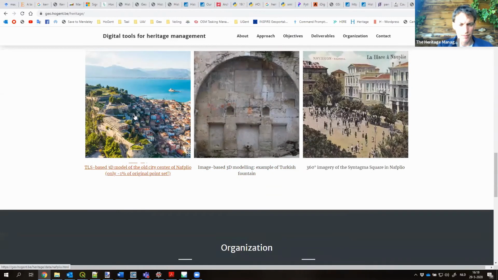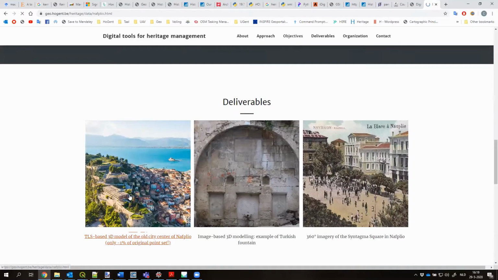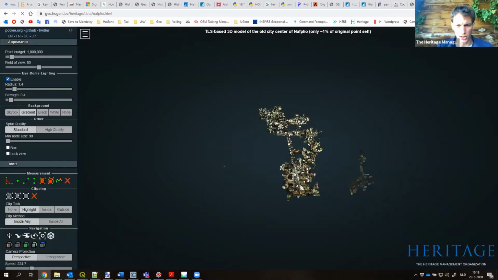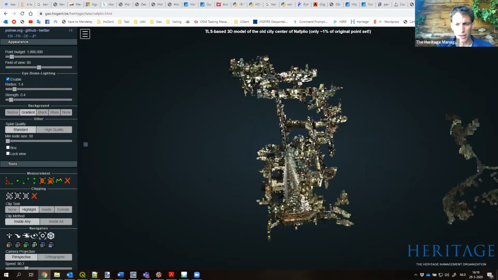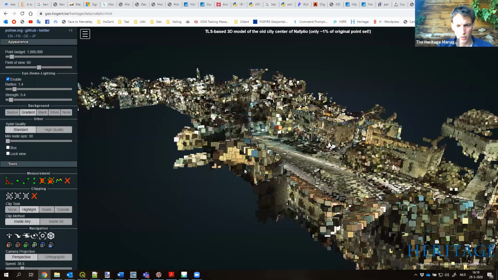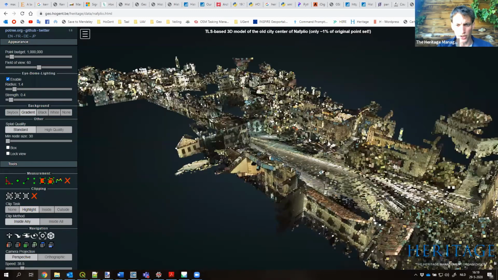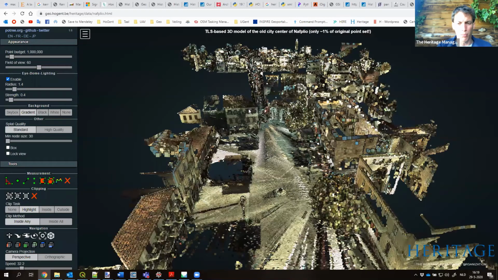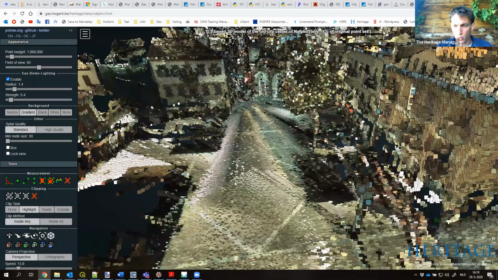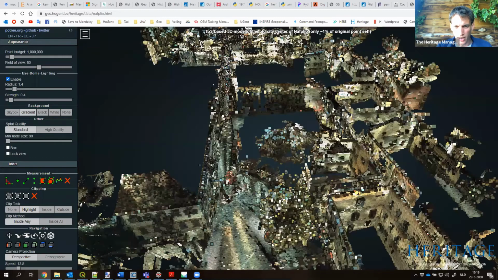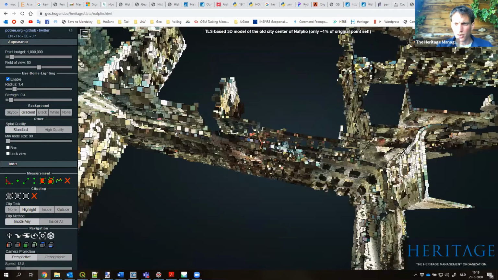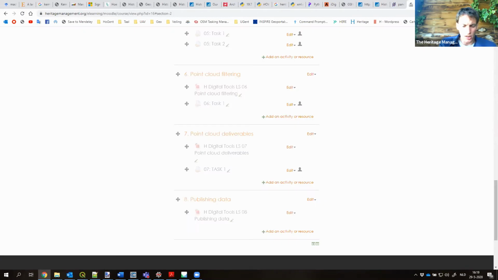And if you click here on this image, you will get access to a JavaScript-based point cloud visualization tool, and you will implement something similar to this, where you can actually load point clouds into a viewer, and that is incrementally loading points that are in your field of view. So you will implement something like that in the last exercise, the last day. So that's a little bit about the organization of this part of the specialist course.